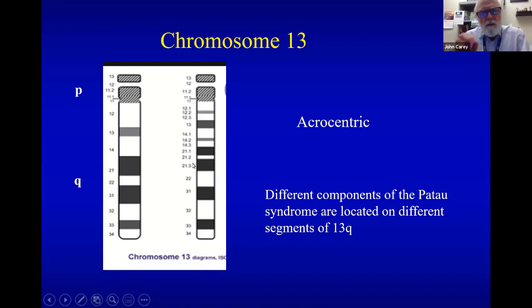And this technique of being able to detect smaller and smaller missing pieces has really primarily occurred just in the last 20 years. And now, you may have heard this, they use this technique for chromosomes called cytogenomic microarray, or shortened to microarray, which really has to do with better ways to define how much DNA is missing or extra. Anyway, back to 13, acrocentric chromosome.